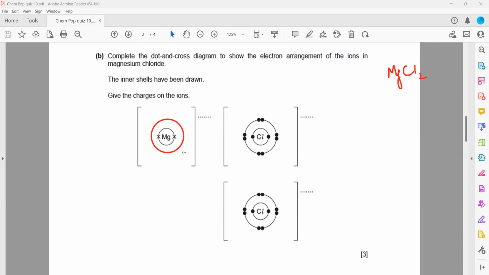The first shell has 2, the second shell has 8, and the third shell has 2. This is the magnesium atom. And chlorine has proton number 17.